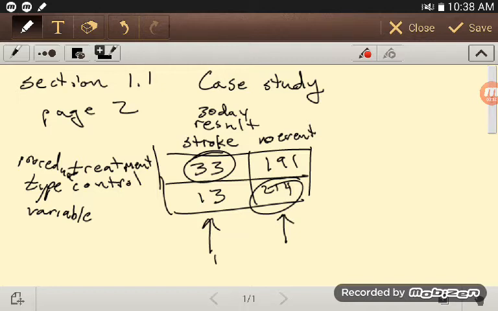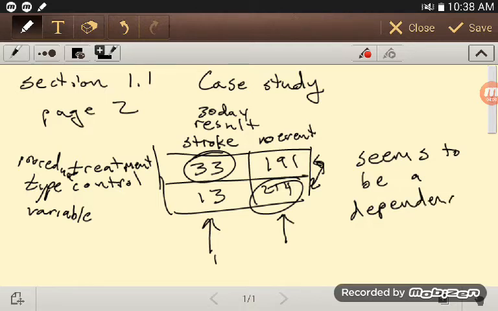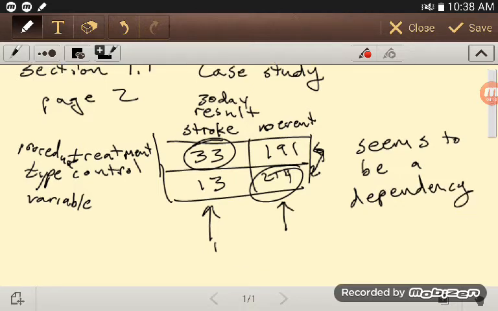Now, of course, these two look much more 50-50, but since it was a little bit higher, I would probably predict control group. So there does seem to be a dependency. Now, at this point, I'm going to say seems to be a dependency because we don't really have the machinery yet to know for sure.